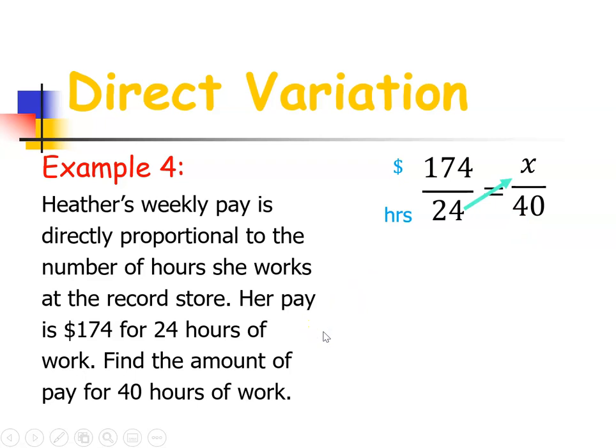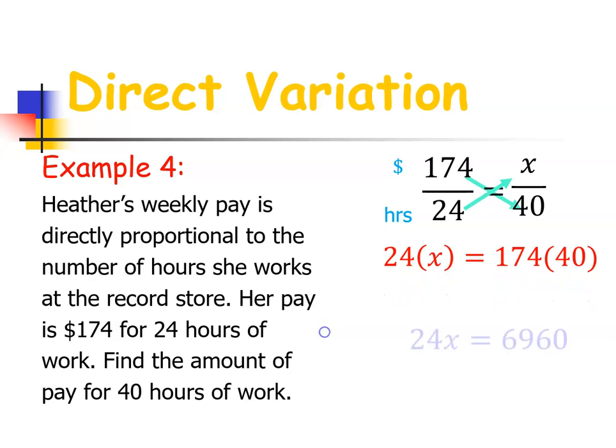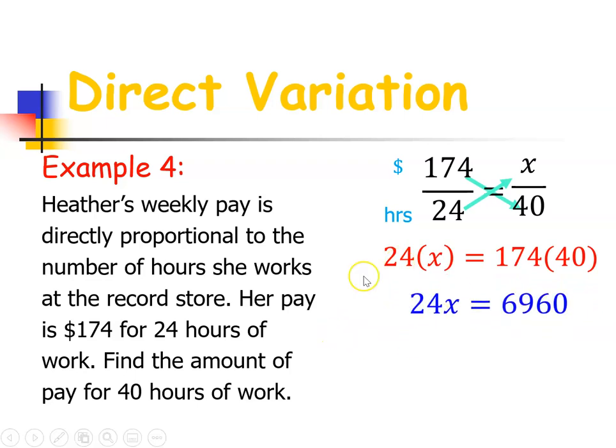I'm going to do 24 times x first because I want my letter on the left, equivalent to the other two multiplied. Now, when a number and a letter are right next to each other, they are multiplying. How do we get rid of multiply? We divide. So x equals $290. You can use any variable there. That's fine. You could have used M for money, whatever, and it's fine.